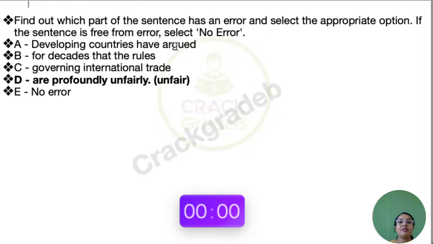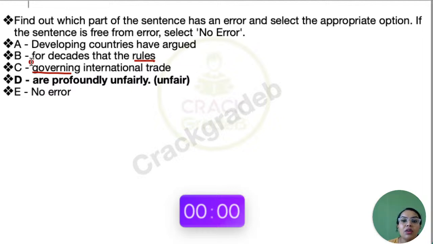Developing countries have argued for a long time, for decades, many years, that the rules governing international trade, what kind of rules are there? So what we are doing, we are using the ing form of verb, present participle, to explain and modify this noun rules.